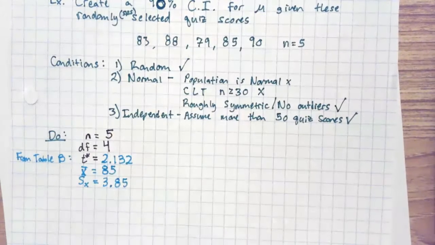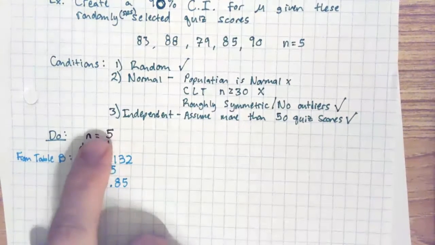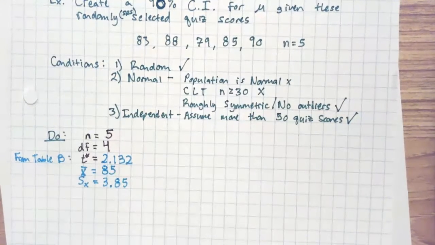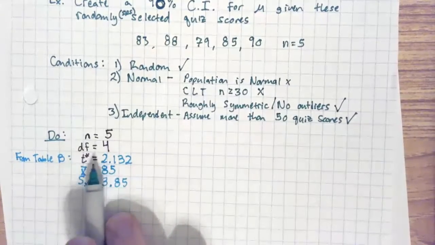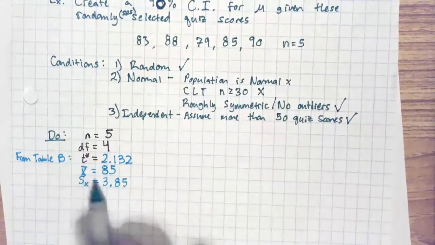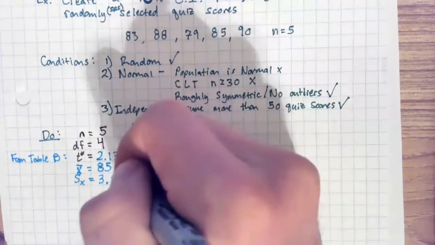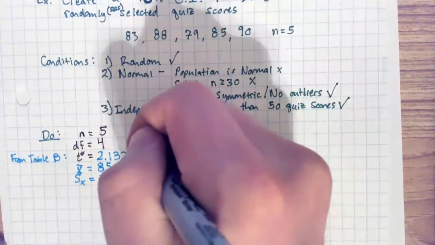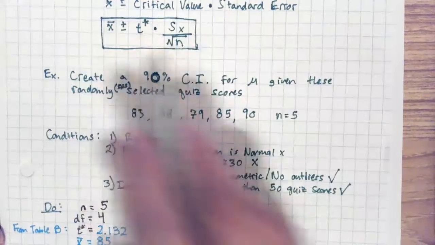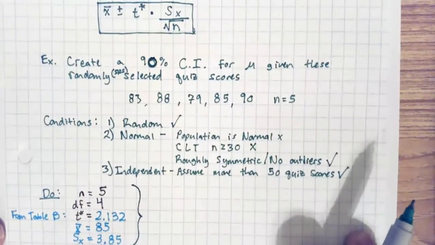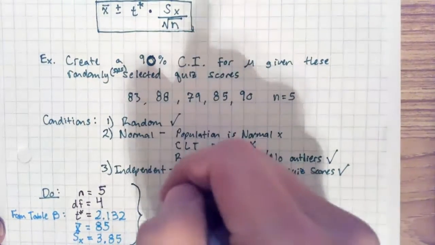Okay, so when you have all of this stuff, you'll be able to actually create the confidence interval. Do this stuff first. Find the critical value, make sure you have the mean and standard deviation. Then we can use that formula. Put all this stuff into that formula. Again, I'm just following this up here to create my interval. So the sample mean is what we'll start with. It's 85.